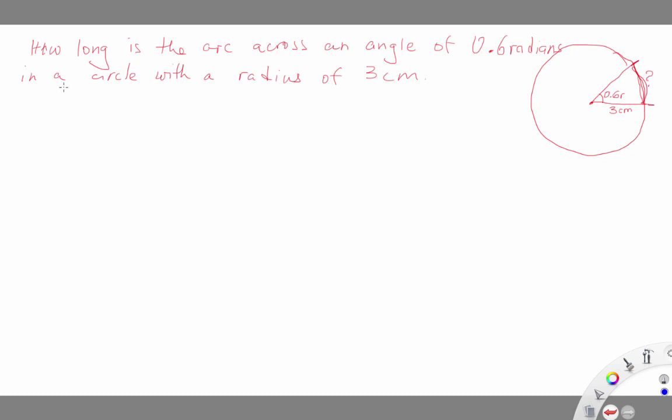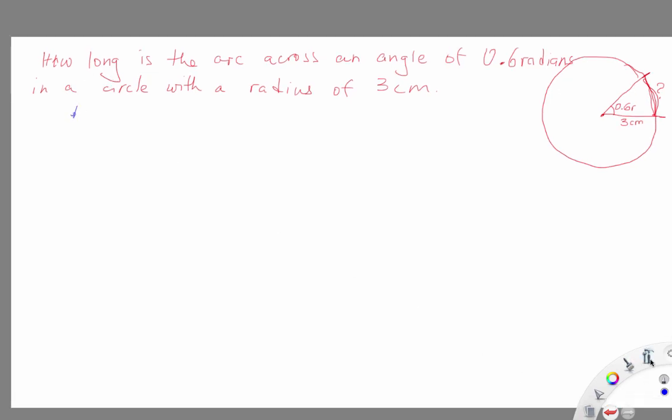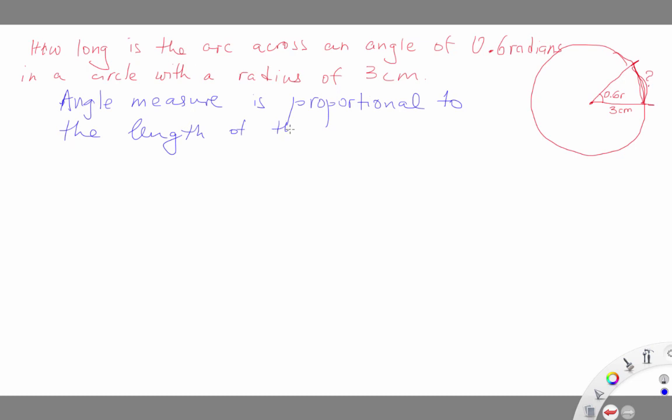The reason we can write a proportion is because the angle measure is proportional to the length of the arc across from it. Okay? So, what does that mean? What am I actually saying?